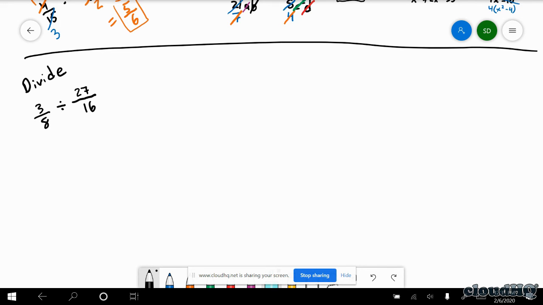Three eighths divided by 27/16. Here you will notice that we're dividing by a fraction. We don't really like dividing by fractions. We prefer to think of it as a multiplication problem.